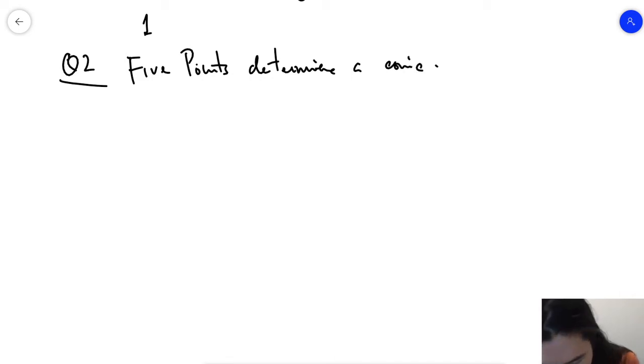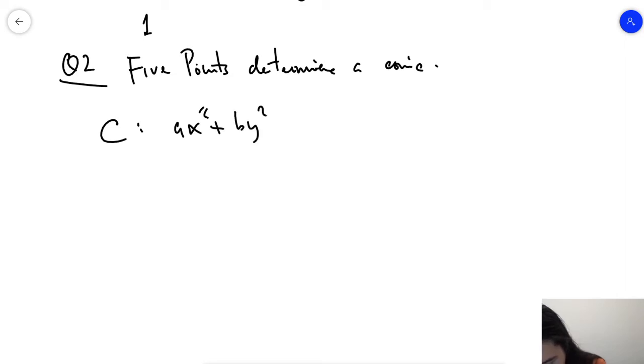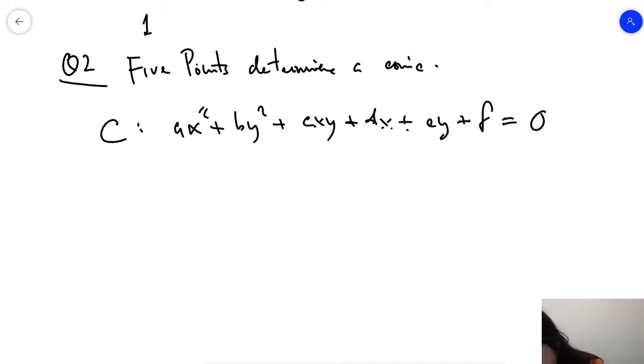A conic is just a set of points that are determined by a quadratic equation in two variables. So it can be written generally of this form, for some real numbers a, b, c, d, e, and f.